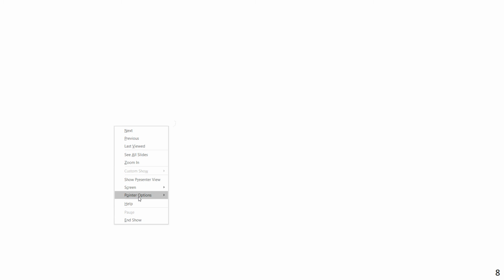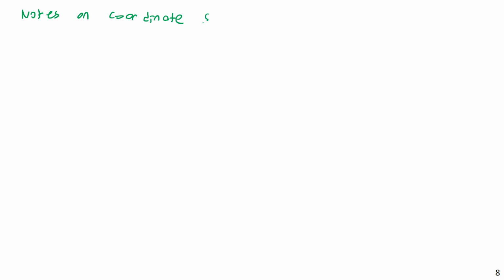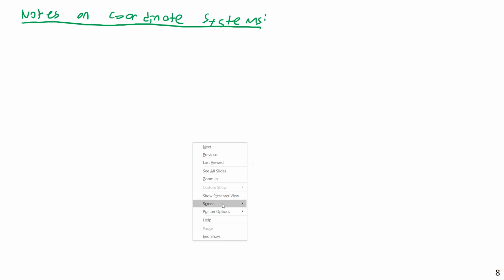Next, I'd like to look at a few notes on coordinate systems. What I'm going to tell you to do in this class, at least for a beam, since you're going to be redrawing a sloped beam in its own local coordinate system anyway, is that 0 is on the left-hand side.